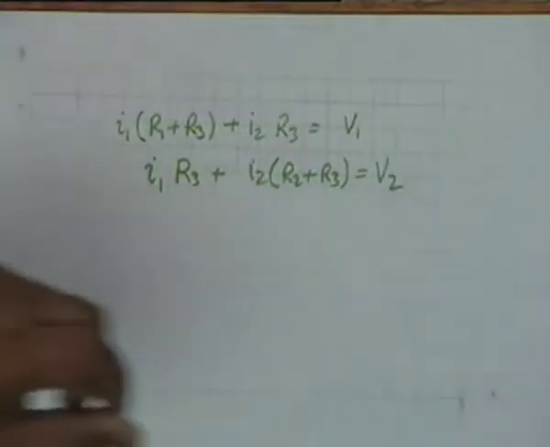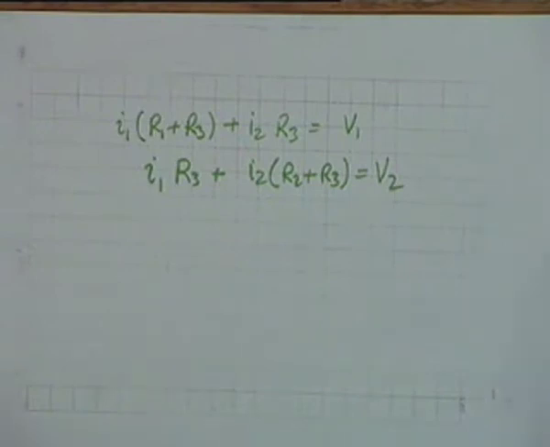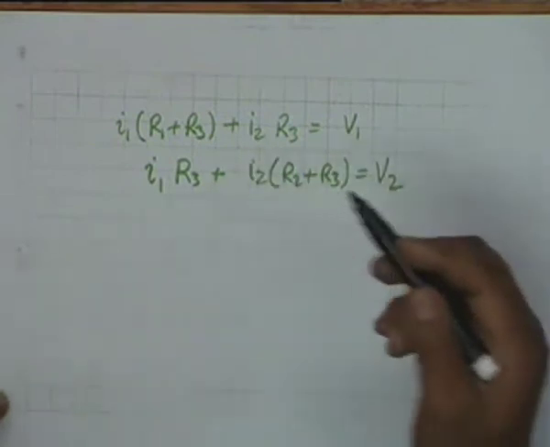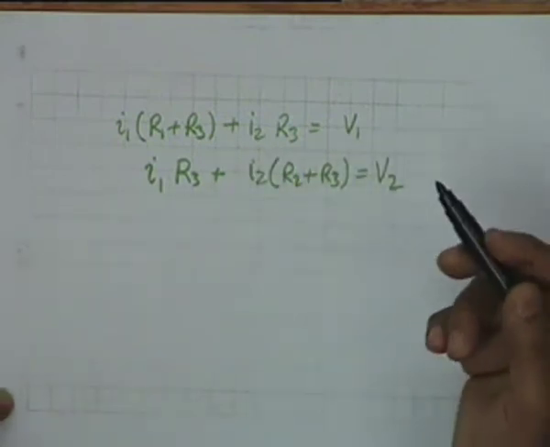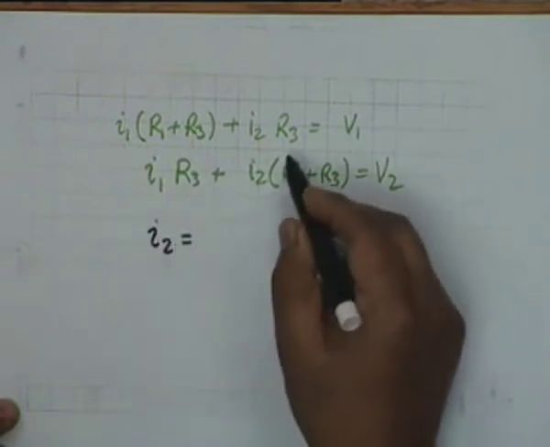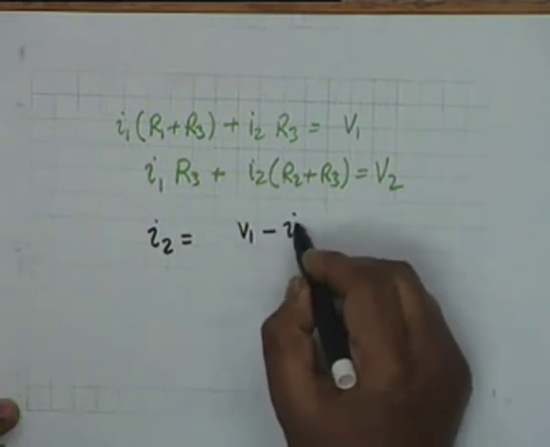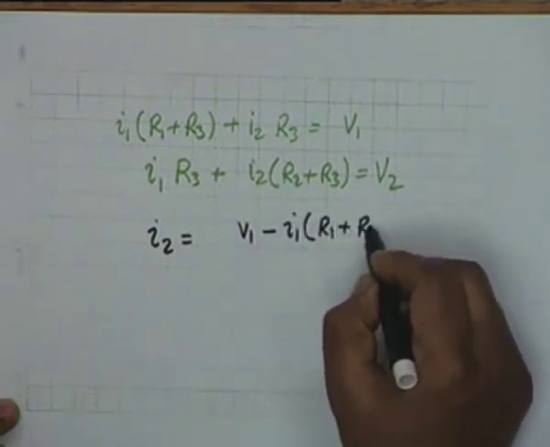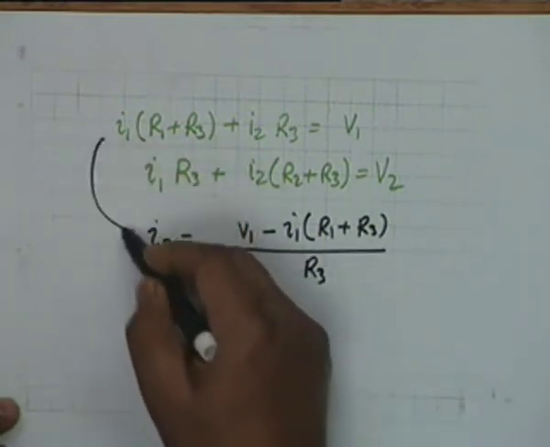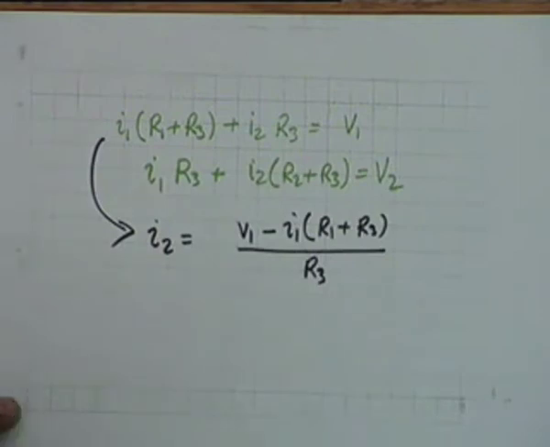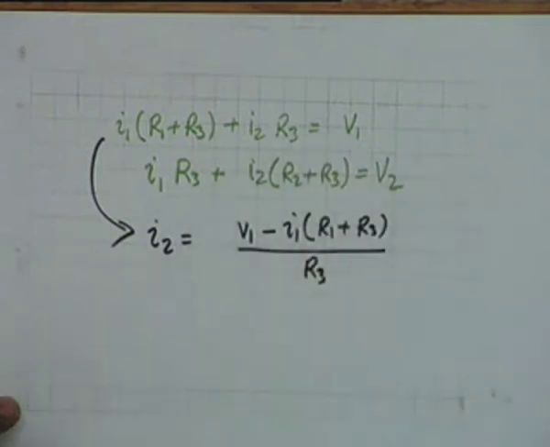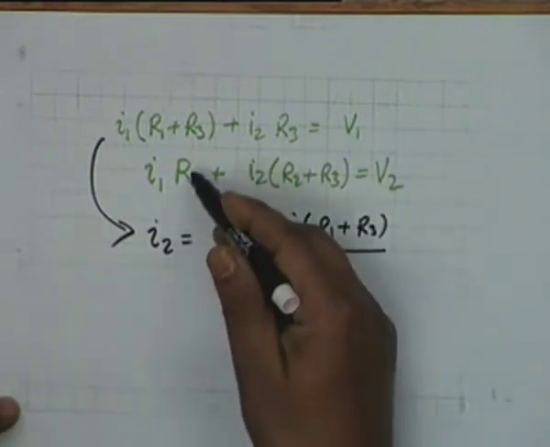One of the simple minded ways of solving this would be to eliminate one of the variables. There are two variables, I1 and I2, so you eliminate one of them. For example, from the first equation you could write I2 as equal to (V1 minus I1 (R1 plus R3)) divided by R3, and substitute this in the second equation.